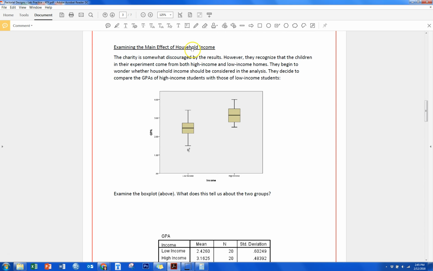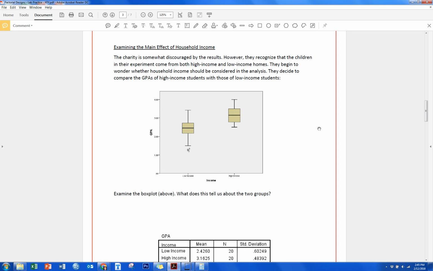So the charity is somewhat discouraged by the results. Well, sure they are. They probably put a lot of time and money into this program, a lot of energy. They staked their reputation on it, and more than anything else, they care about these kids. They want to see them have better futures and better outcomes. So they are discouraged that there doesn't seem to be any benefit to their program.